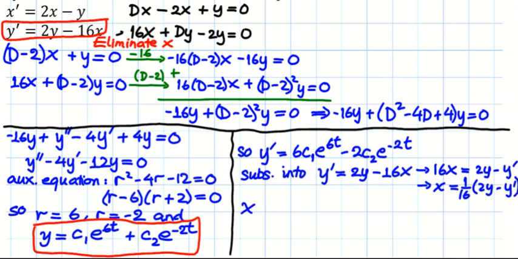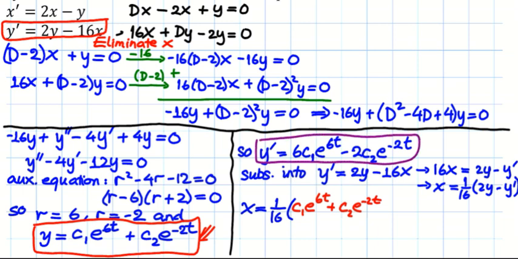So we're going to have x equal to 1 over 16 times the function y, which is c1 e to the 6t plus c2 e to the negative 2t. And now we'll take the derivative.